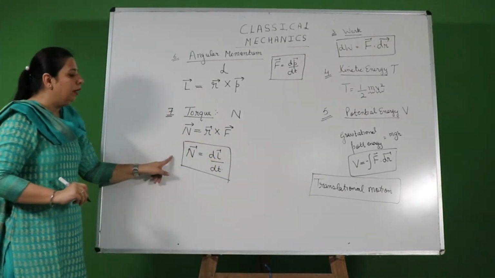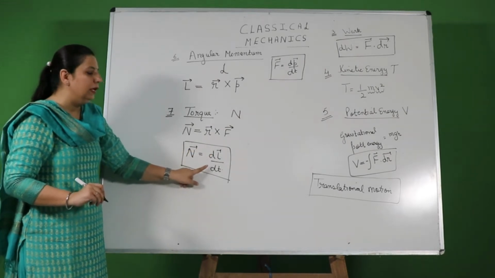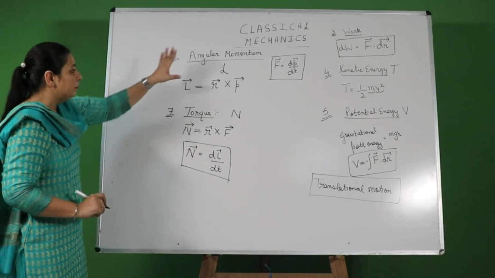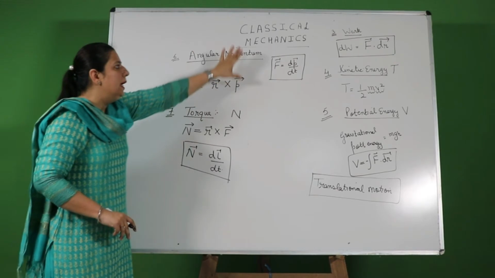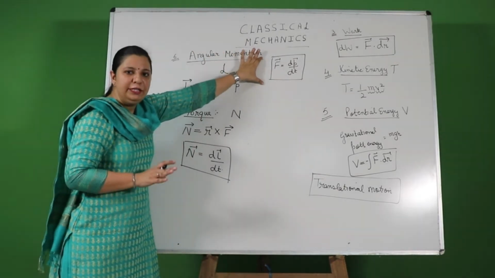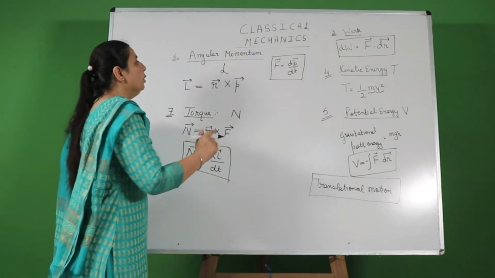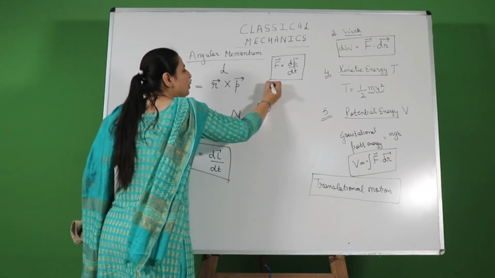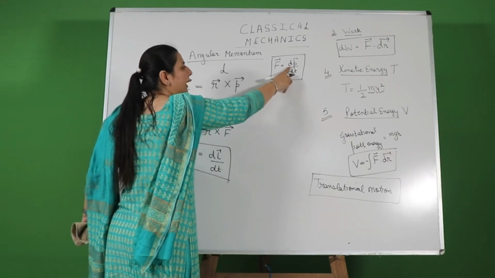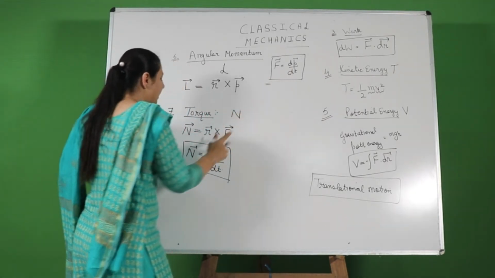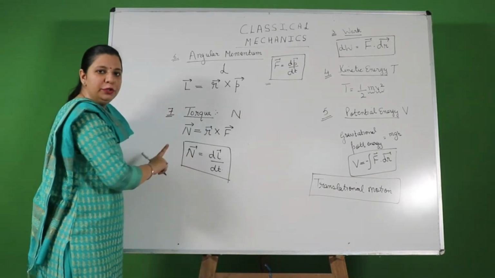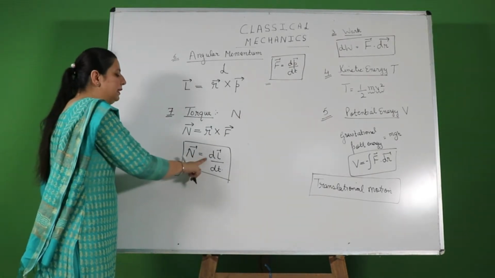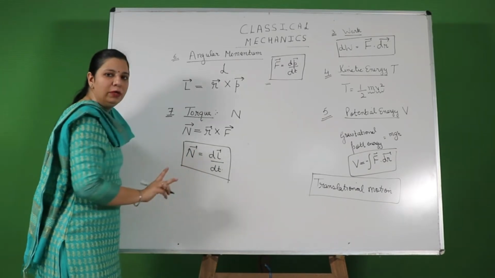That is, torque is the rate of change of angular momentum. My main concern is that in translational motion we have force equals the rate of change of linear momentum. Similarly, in rotational motion we will have torque equals the rate of change of angular momentum.